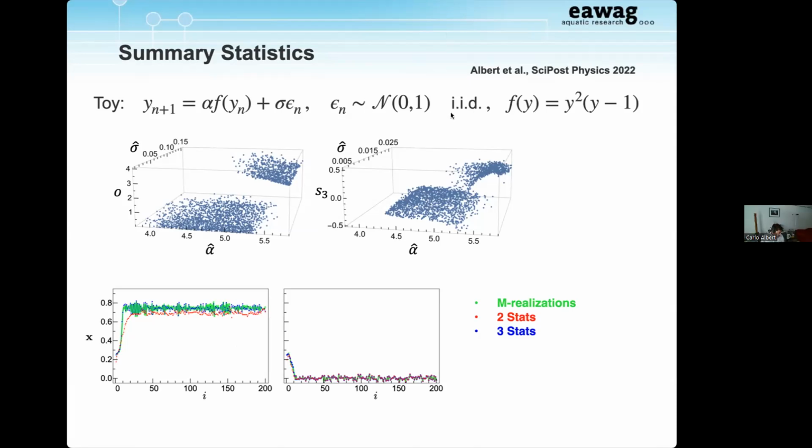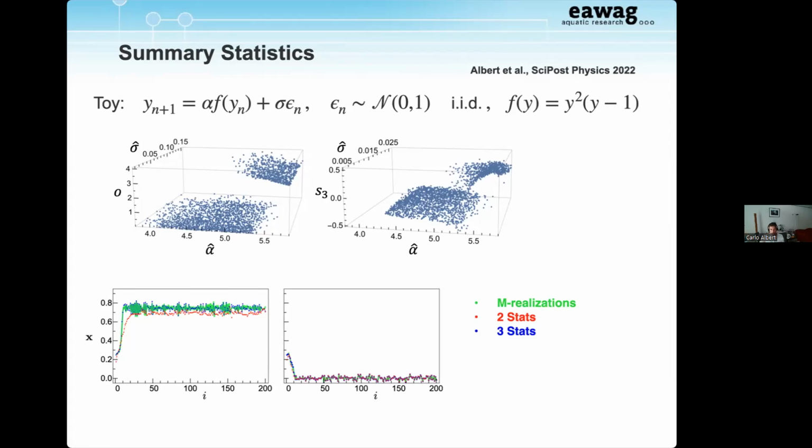There are different ways of doing this. One thing we tried is to start with the number of parameters, q equals p, and then we go p plus 1, p plus 2, p plus 3.